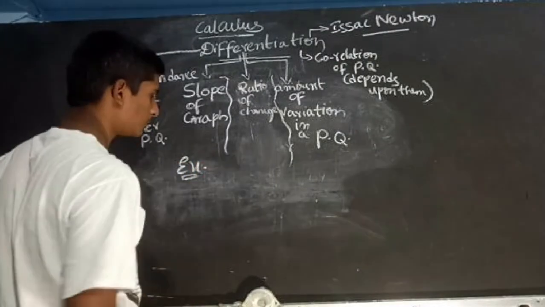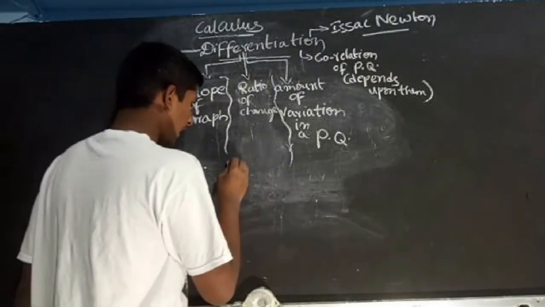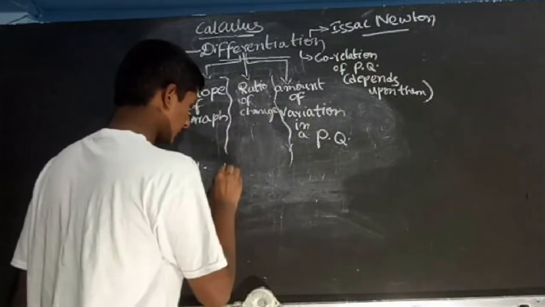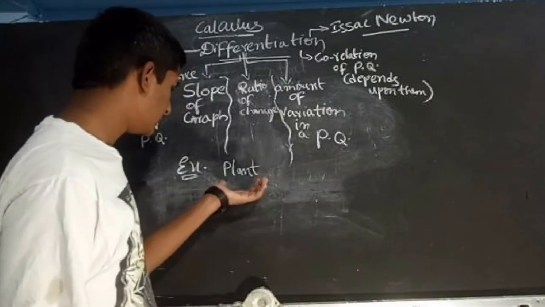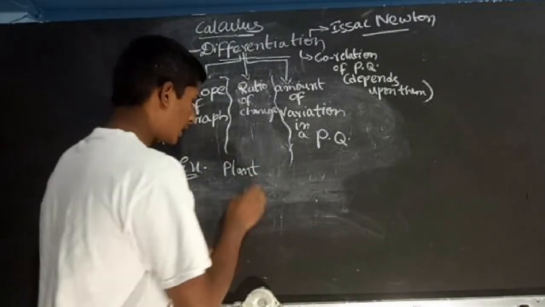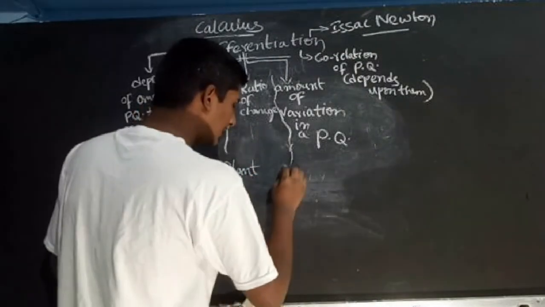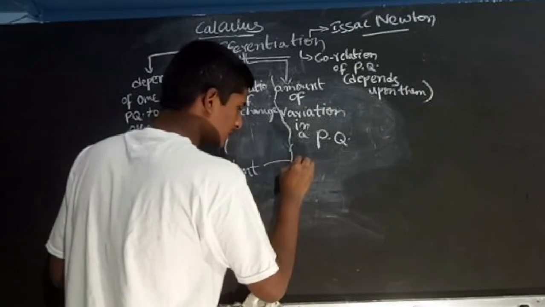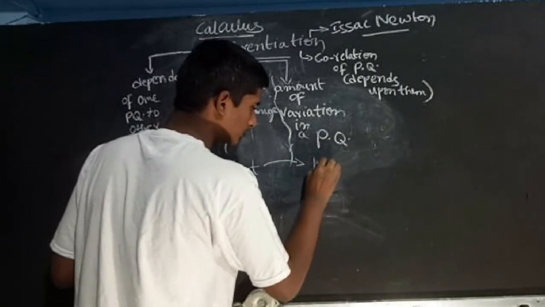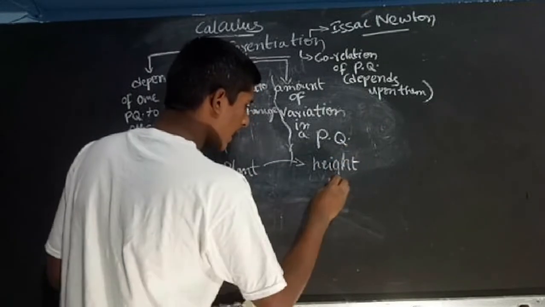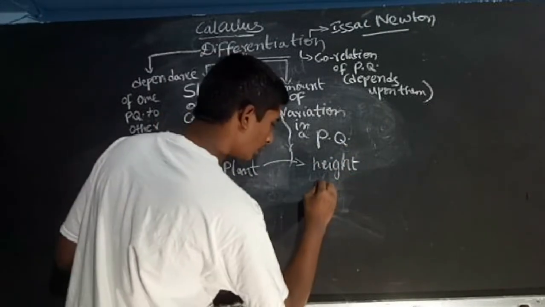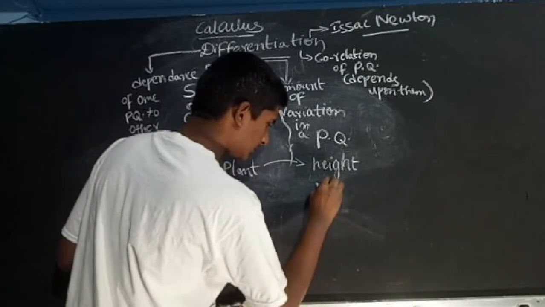a plant, and this plant we will take as two quantities, that is height and months.